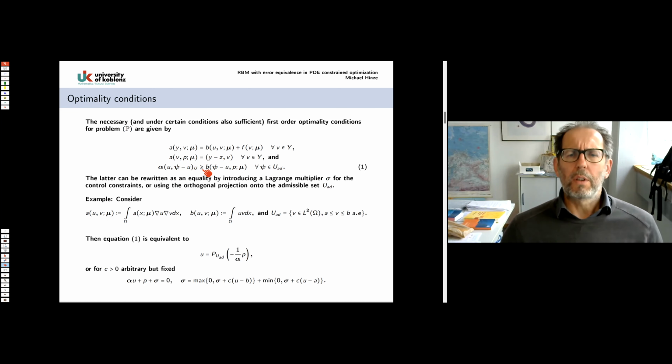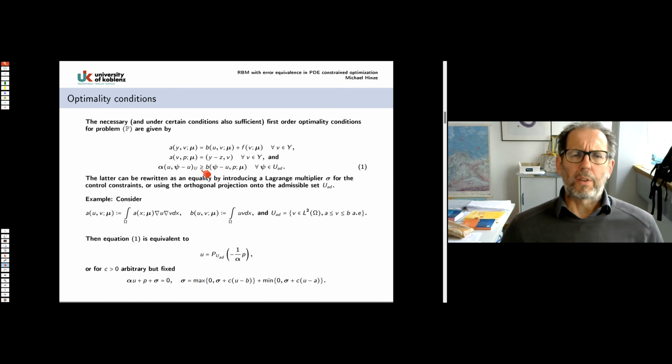And this inequality stems from the fact that we seek controls in a set of admissible controls, which in practice will be something like a set of box constraints on L2 functions, with lower and upper bounds for the control. So this, in essence, drives this optimality system, a nonlinear system, due to this inequality.